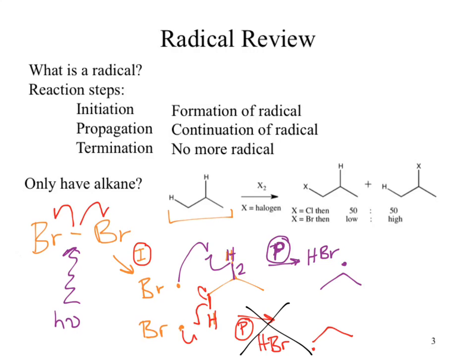It can react with our carbon radical, again in a single electron fashion, and we can end up with our final product with the bromine at our more substituted position. Does that kind of make sense?